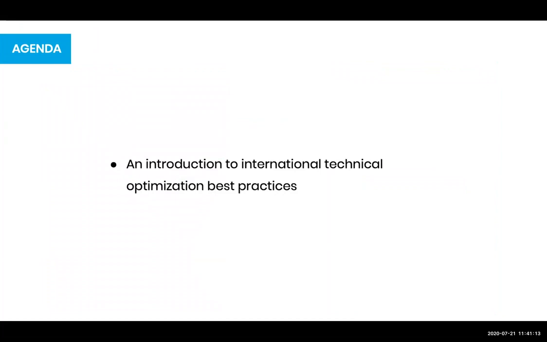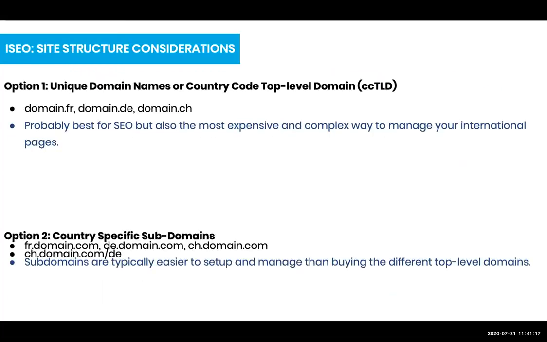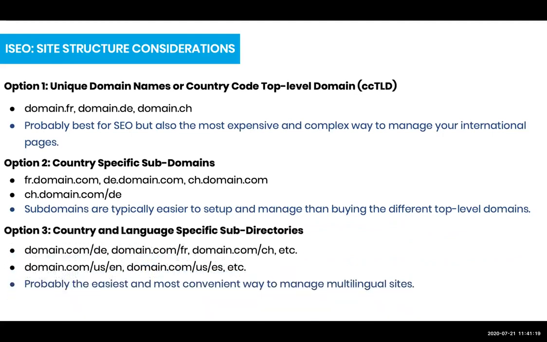All right, let's quickly talk about technical optimization best practices. When you go international, you've got to think about going the way of country code top-level domains, .fr, .de, etc. It's the best for SEO, but it's the most work.